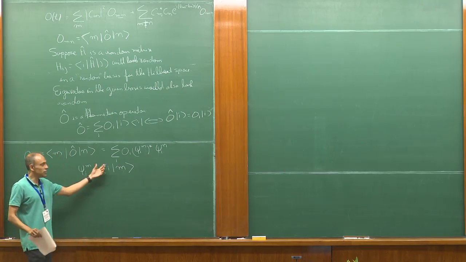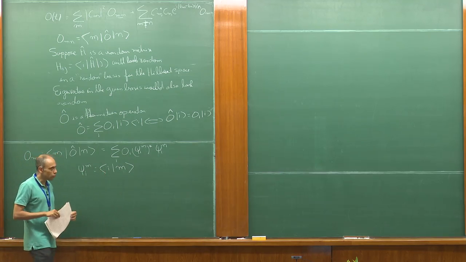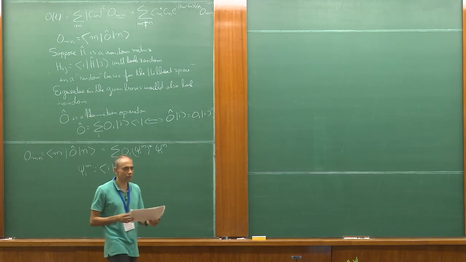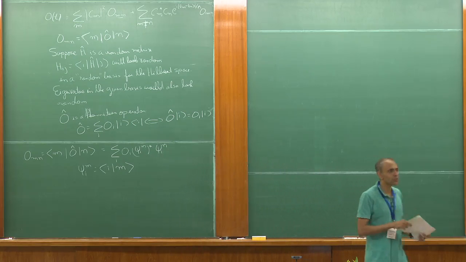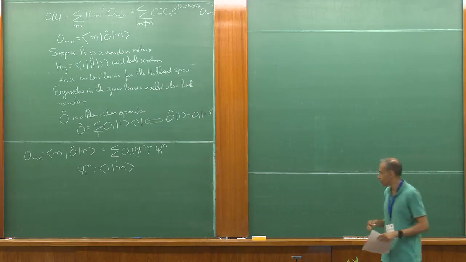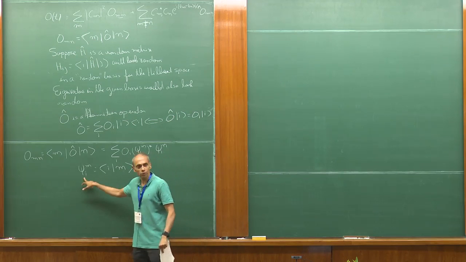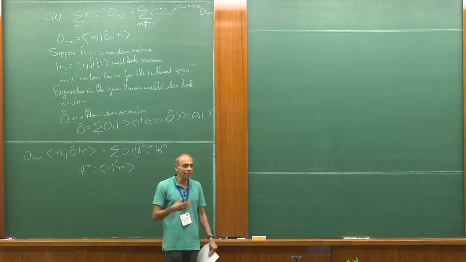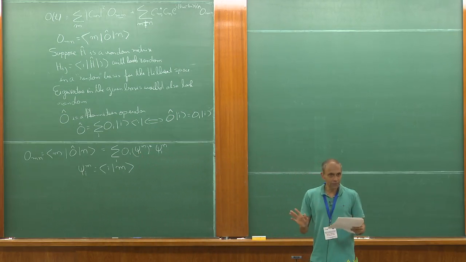And so these psi_I m's are basically nothing but the coefficients in the expansion of the energy eigenstates of the Hamiltonian in the basis in which O is diagonal. So in the eigenbasis of O, if you were to expand the eigenstates of the Hamiltonian, the coefficients would be the psi_I m's, and these are the things which look random. Okay, so is that clear to everyone?